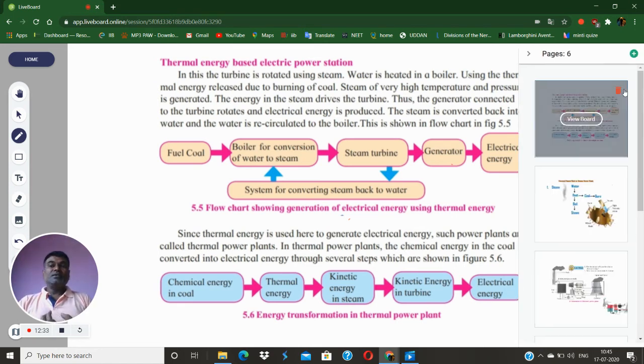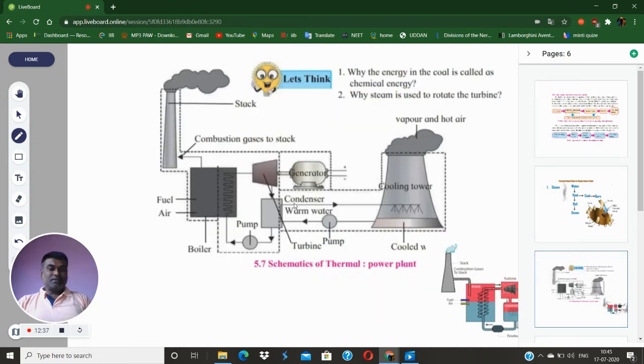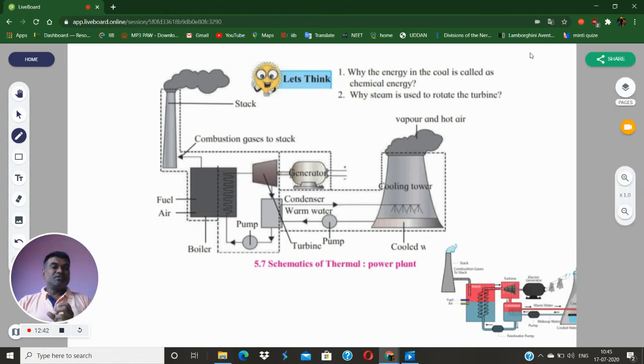Actually we have to go to the next slide, that is how the plants are implemented and how they construct and structure those plants, how the thermal energy we have obtained here.